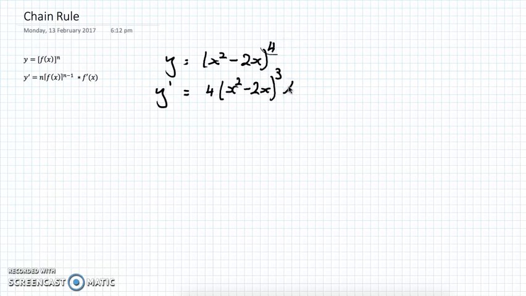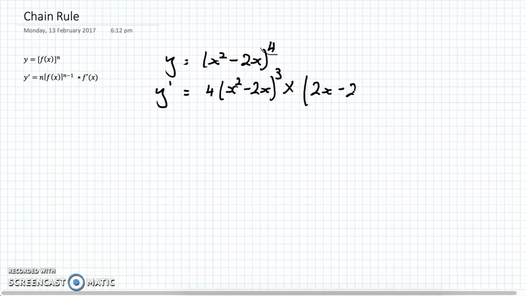Then we times that by the derivative of the function inside. So like normal, it's just going to be 2x minus 2. Hopefully that makes a little bit of sense. So again, if we want to think about it, it's a function within a function. So that's where our chain rule is going to really come into its own.